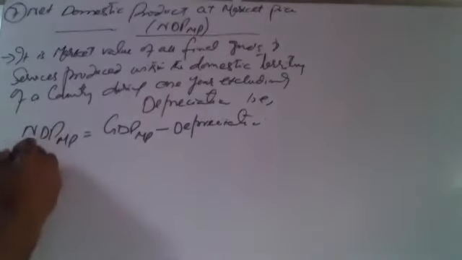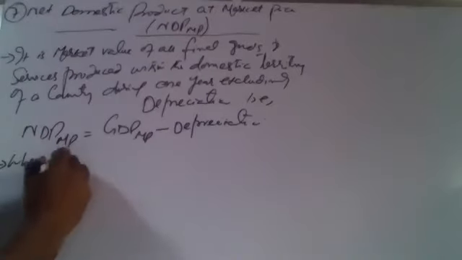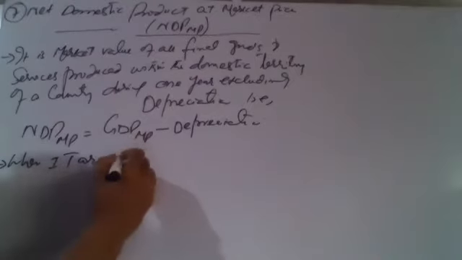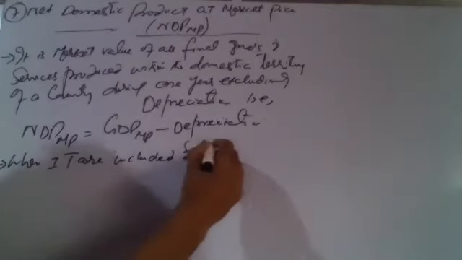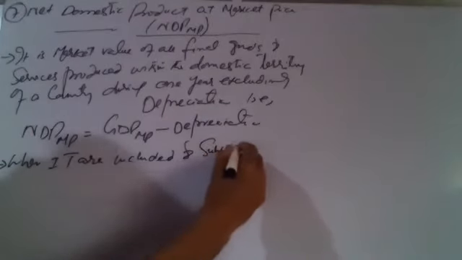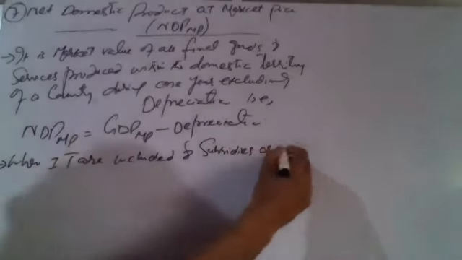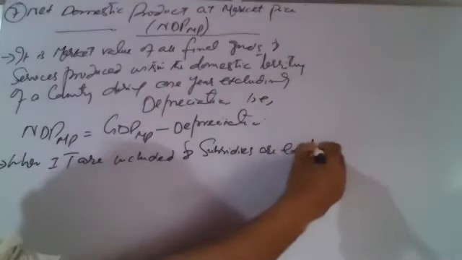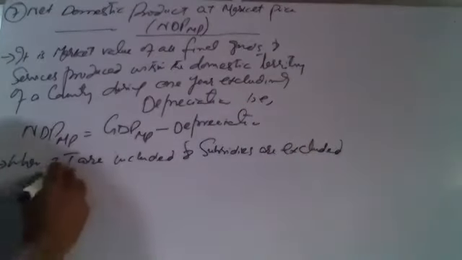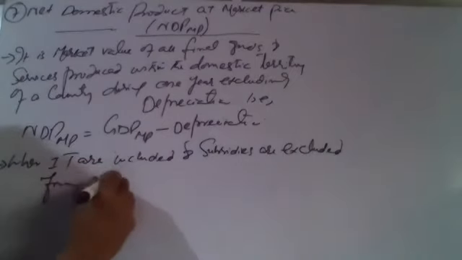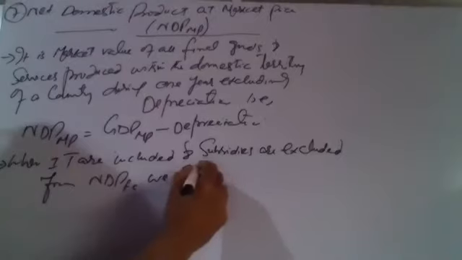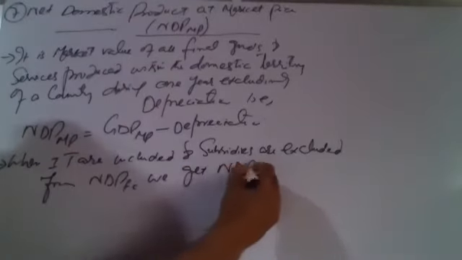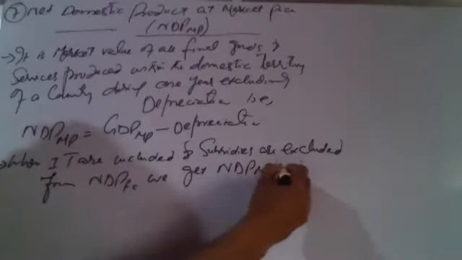That is, when indirect taxes are included and subsidies are excluded from NDP at factor cost, we get NDP at market price.